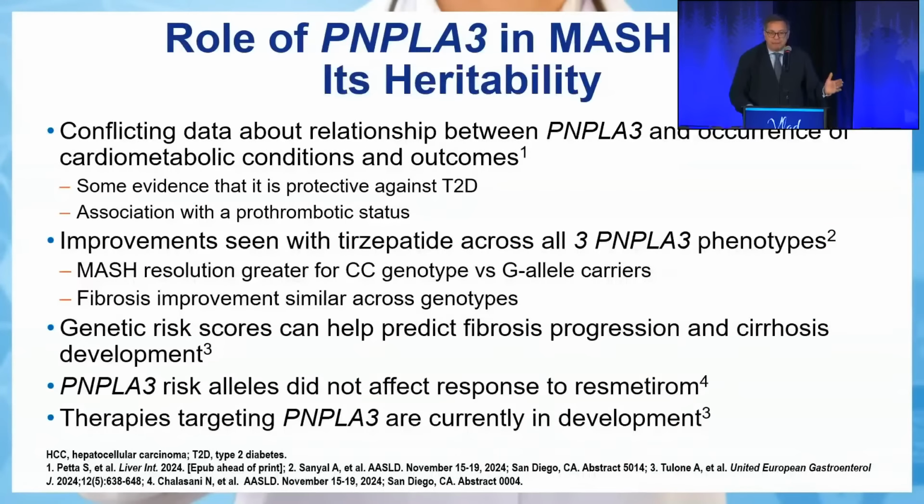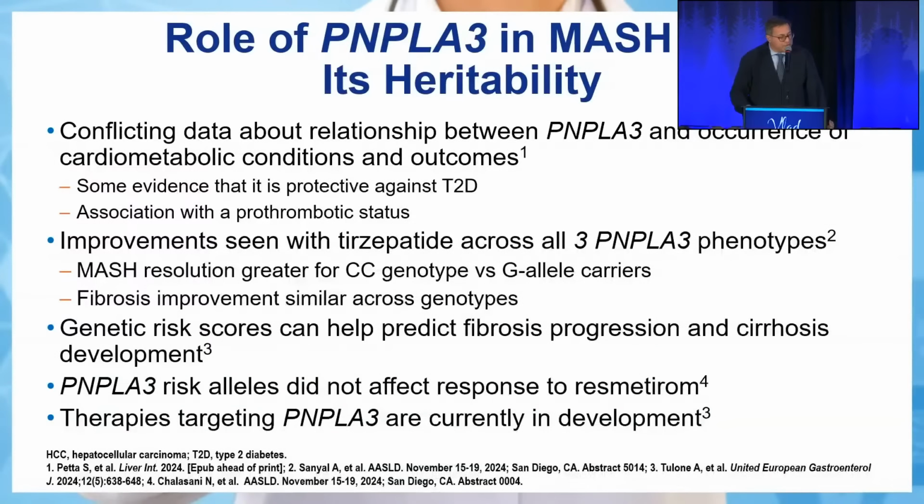It might be that people who have the mutations might have a different type of disease than those who do not have the mutations. I'm sure Rohit will comment on that. It might simply be that the combined effect of the mutation and obesity and diabetes really puts people at risk. So there might also be an interaction between innate and acquired factors.